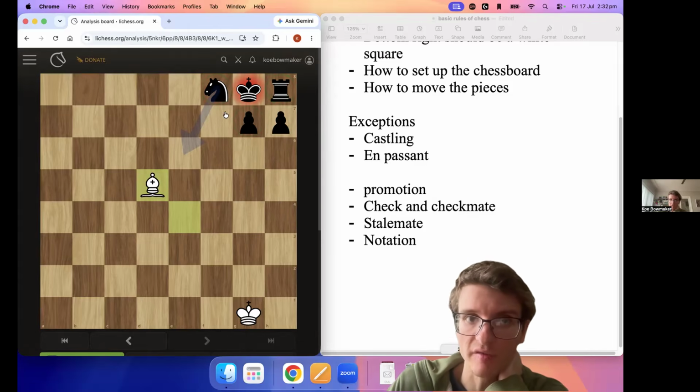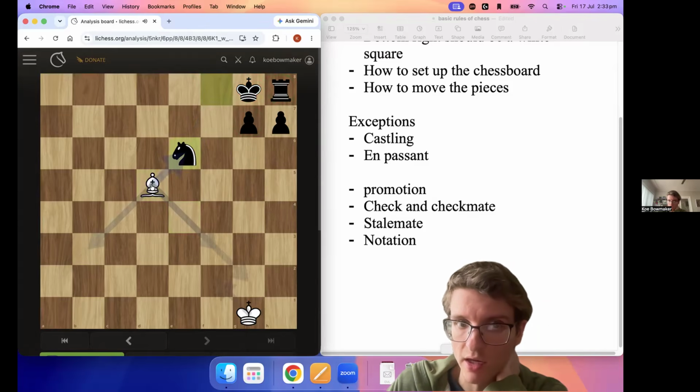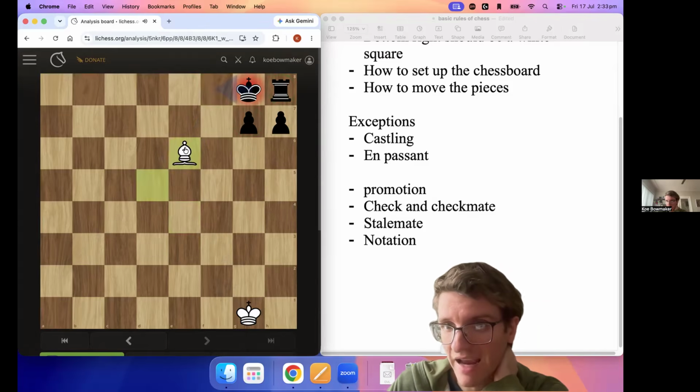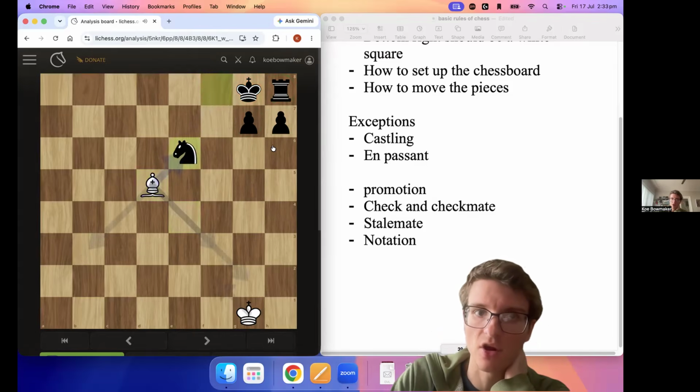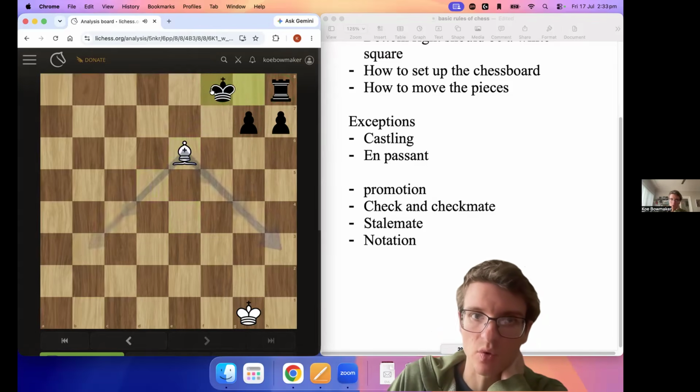So an alternative is you can block the check. And the only thing that can move into this path onto one of these 2 squares is the knight. So the knight blocks the check. The bishop can take the knight, but now the king has a square to go to. Before, the knight was in the way. Now the knight has moved out of the way and the king has a square to move to.